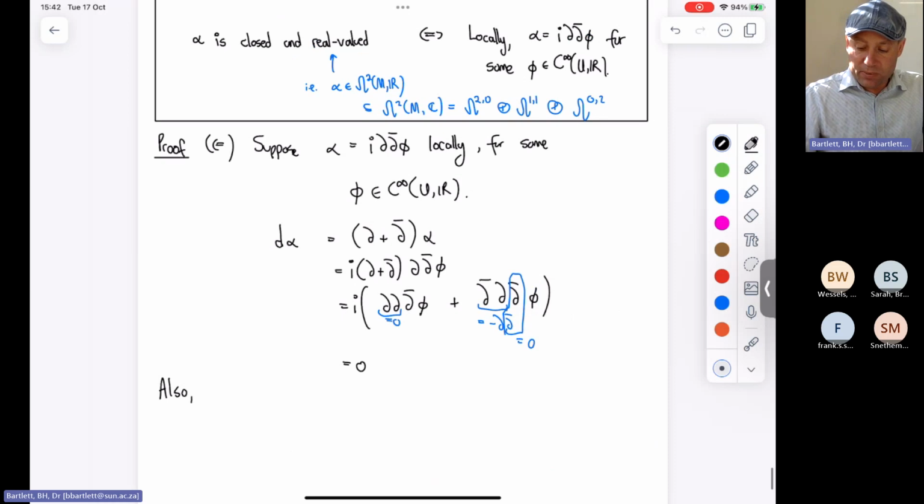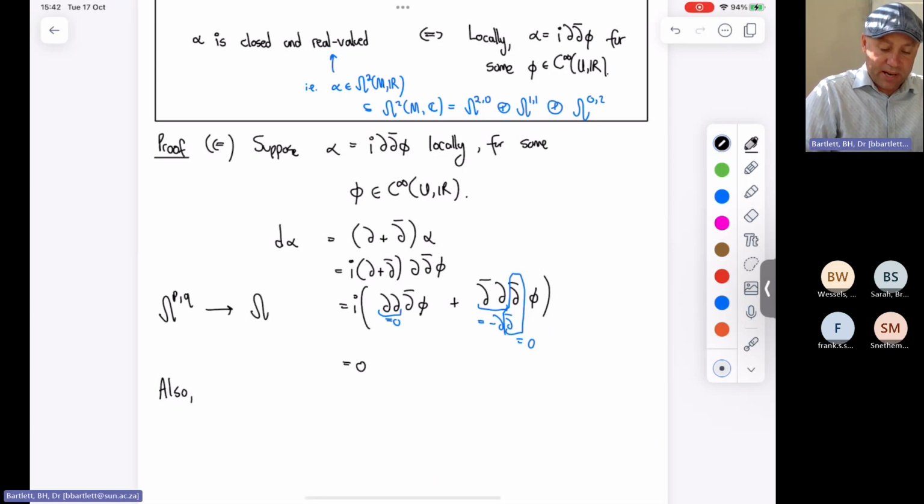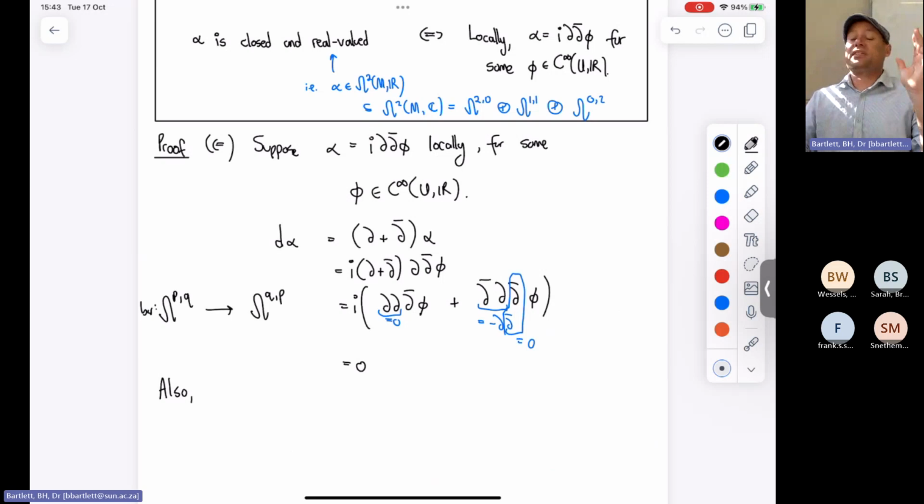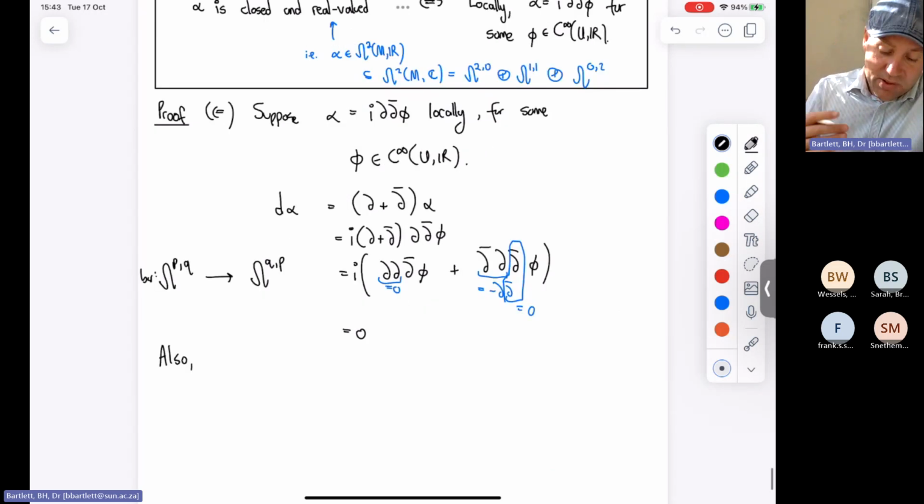Because remember, you've got this map that takes a p,q form and gets you a q,p form just by taking the complex conjugate, because it's going to send the dz i's to the dz bar i's and the dz bar i's to the dz i's.